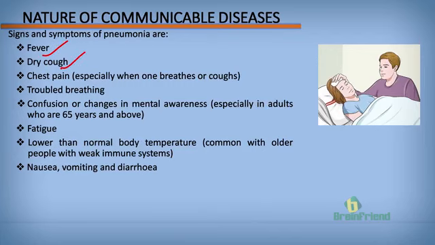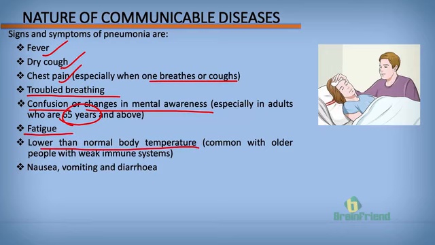Dry cough, chest pain, especially when one is breathing or coughing. Troubled breathing, finding it difficult to breathe properly. Confusion or changes in mental awareness, especially in adults who are 65 years and above. Another symptom is fatigue, lower than normal body temperature.